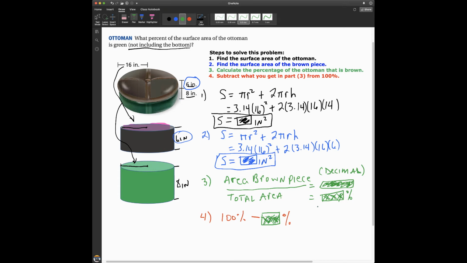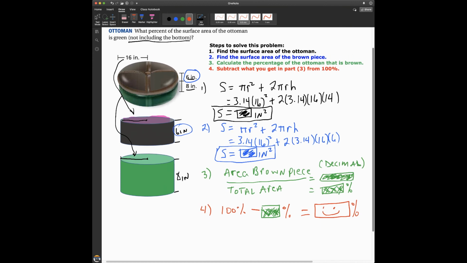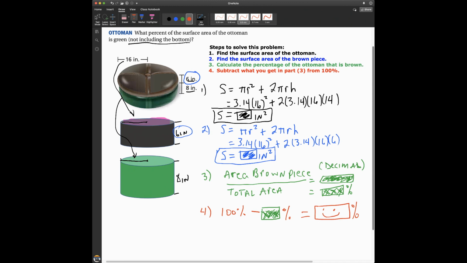All right, and this will give me the answer that I'm looking for. Put a little happy face on there. There's my answer, and it will be a percent. So there are some calculations that you can use your calculator for, and then just do a little subtraction at the end, and you will see that you can find the percentage of the area of the ottoman that is green.